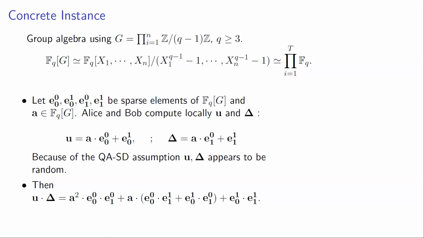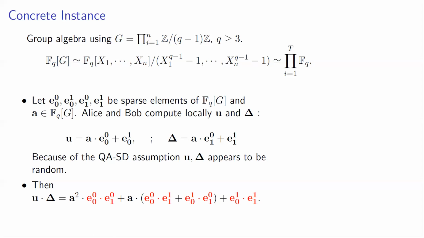then, in order to obtain an additive sharing of that, you just have to have an additive sharing of the products I put in red here. But the products I put in red here are in fact products of sparse elements of FQG and therefore are also sparse elements.